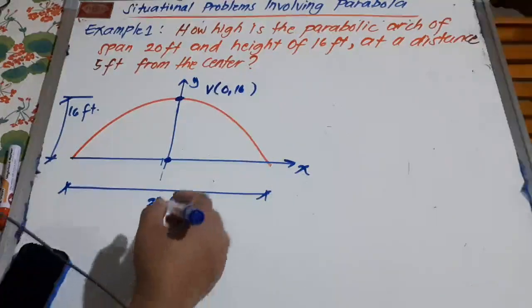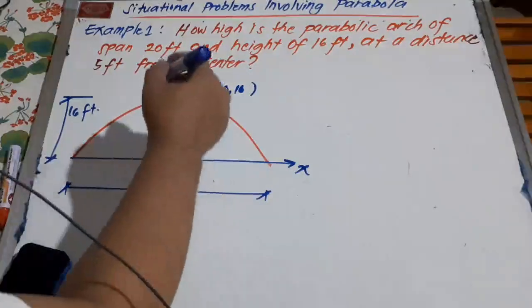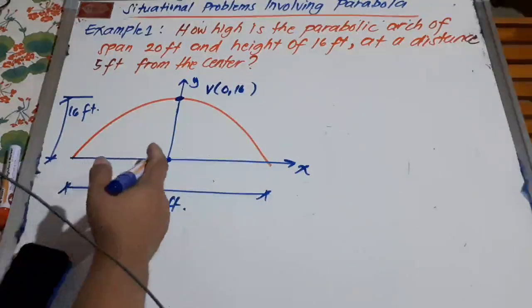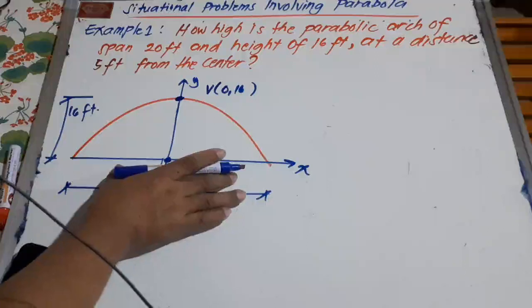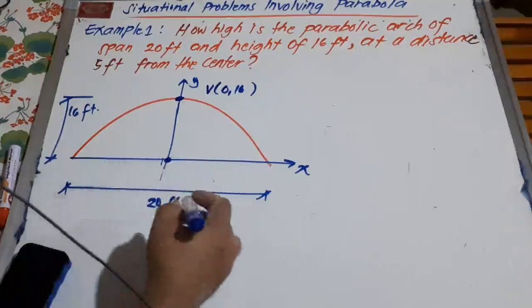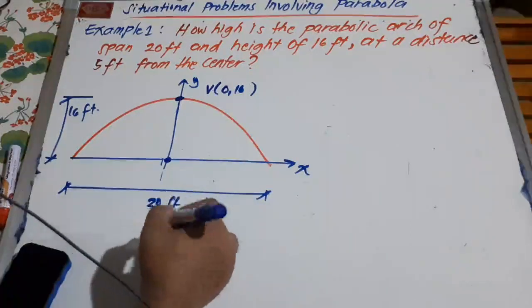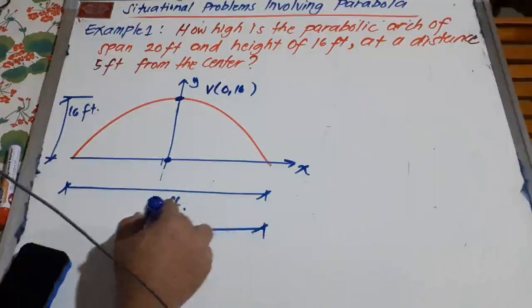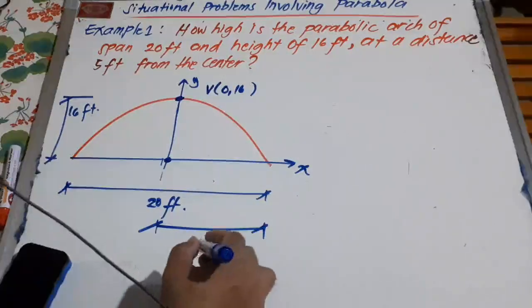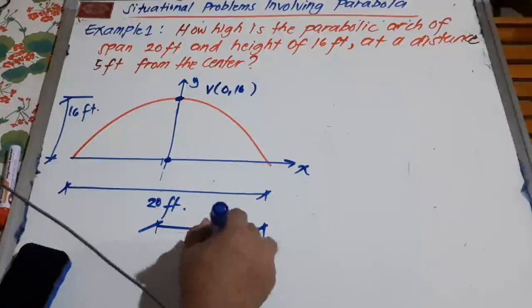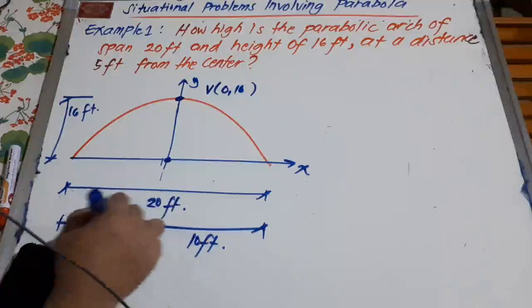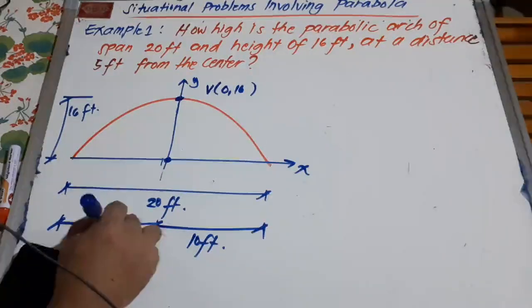Now, since yung ating xy plane divides the parabola into equal parts, ibig sabihin, sa center ng parabola tumama yung ating y-axis. So, na-divide siya into 2 equal parts. Nandito rin yung axis of symmetry. 10 feet dun sa right side, 10 feet dun sa left side.